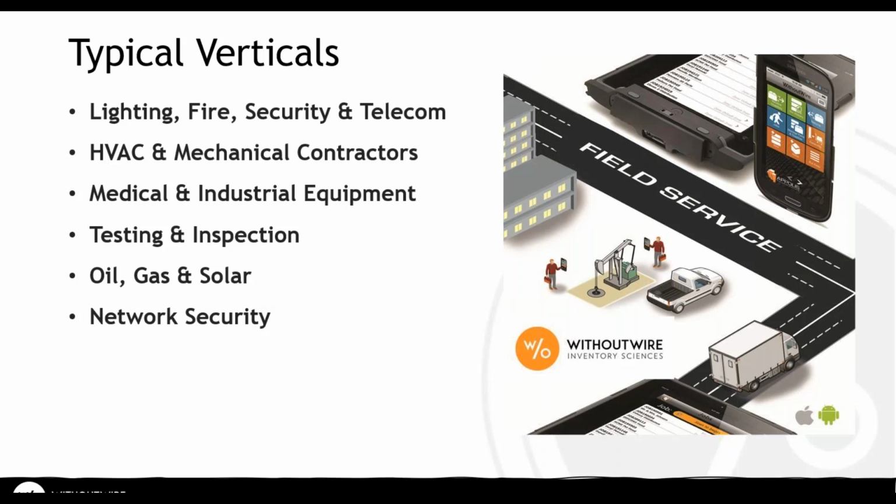Whether it's the industry of lighting, fire security, telecom, HVAC and mechanical contractors, medical and industrial equipment, testing and inspection, oil, gas, solar, or network security, these are several of the very common verticals that we are serving today with mobile inventory real-time capabilities that complement both CRM field service and Dynamics 365 Business Central. Next slide.